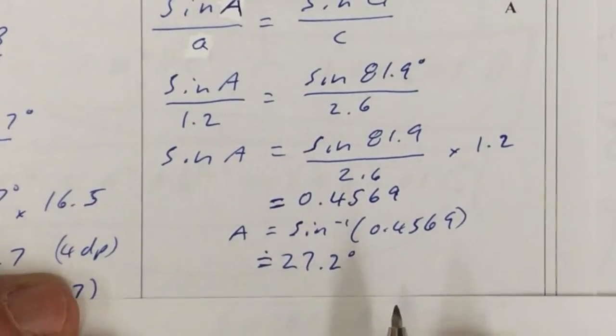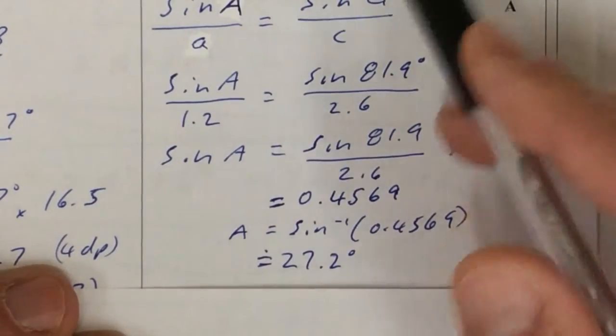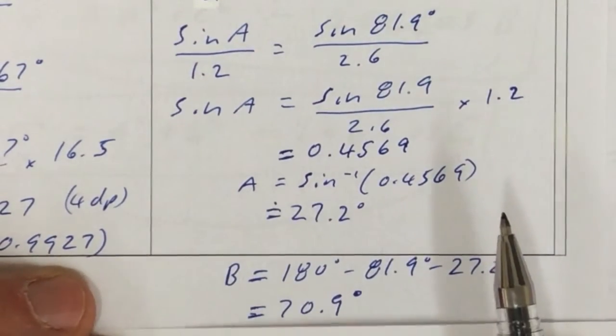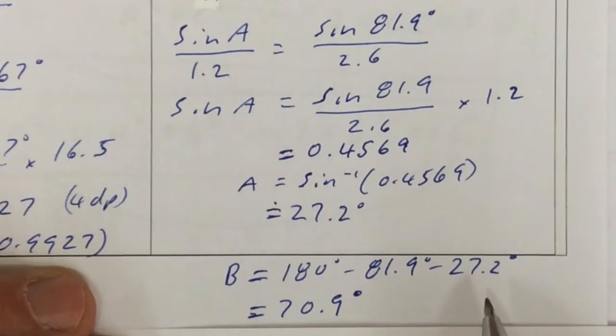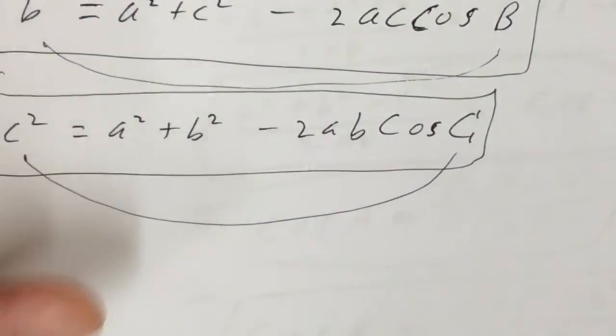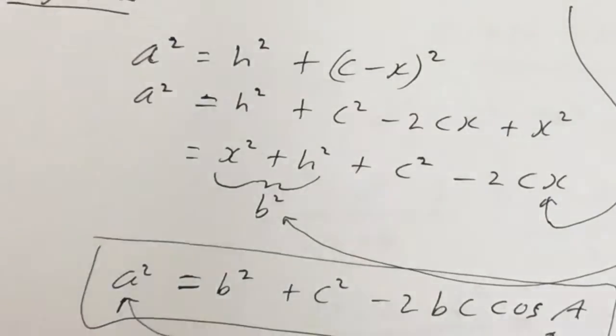So the angle A is 27.2 degrees. We want angle B. So angle B is going to be 180 minus the two known angles. So that's going to be 70.9. Okay, so that's it for the sine law.